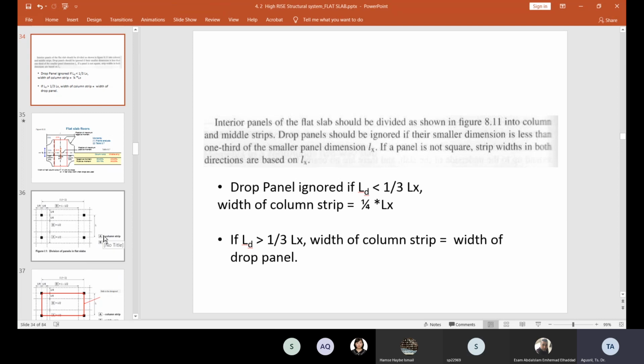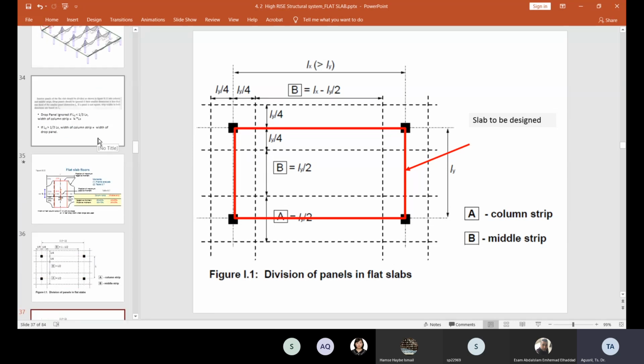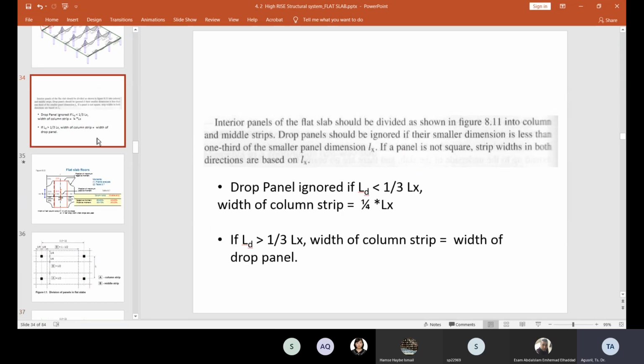As you can see here, the LD is the length of the drop panel. If the LD is less than 1/3 of the short span, in this case Ly, this contradicts the normal understanding where the shortest span is Lx.